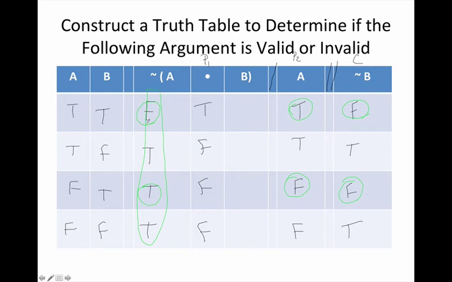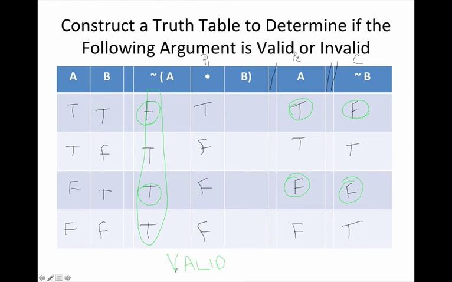And one of the great things about constructing truth tables for determining validity is that you really, I hope, get a great sense of what it means to say that an argument is valid. There are no other possible ways for this argument to be in terms of truth values. And so since we've exhausted all possible permutations of truth values and none of them have yielded an invalid argument, the argument is valid.